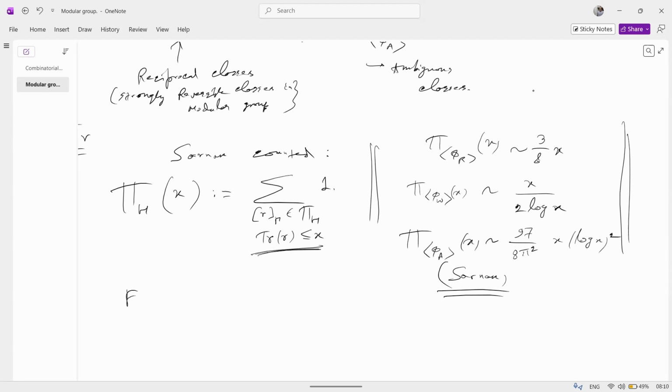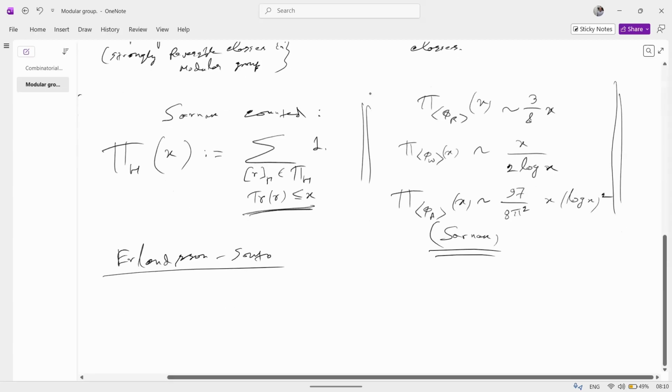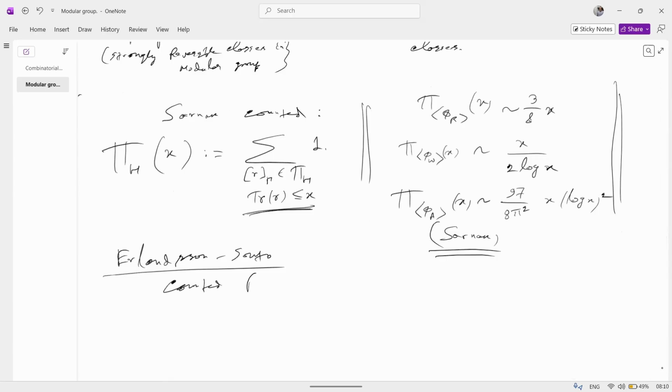So Erlandsson and Souto, they have counted reciprocal classes for hyperbolic orbifolds.